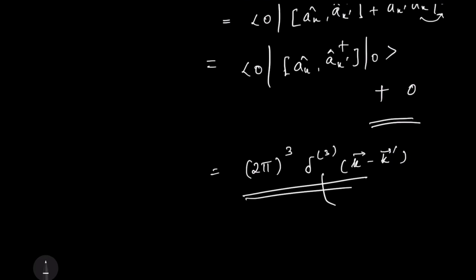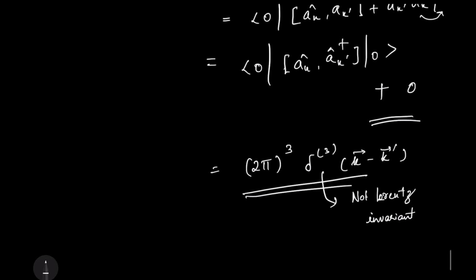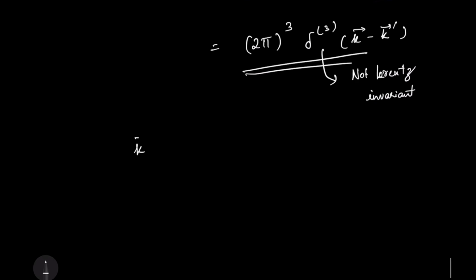So here this Dirac delta function is not a good object. In quantum field theory, if you say something is not a good object, it means that it is not Lorentz invariant. Therefore, instead of this state vector k, we have to define another state.